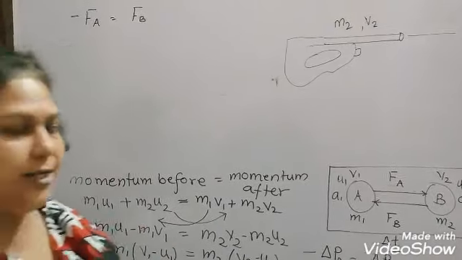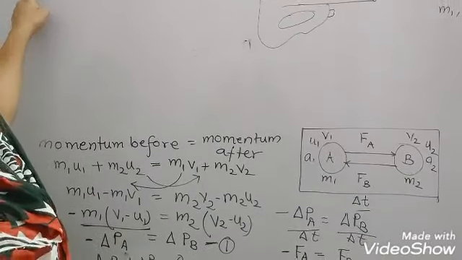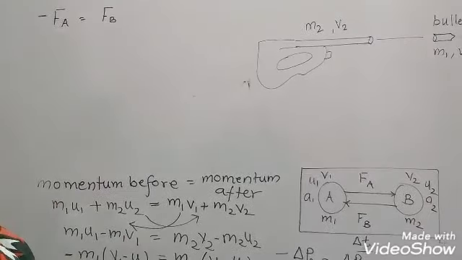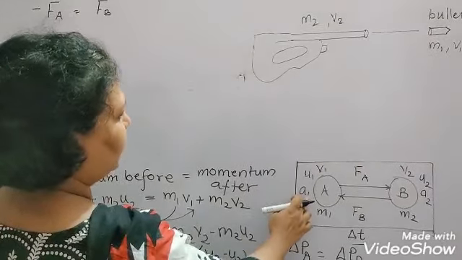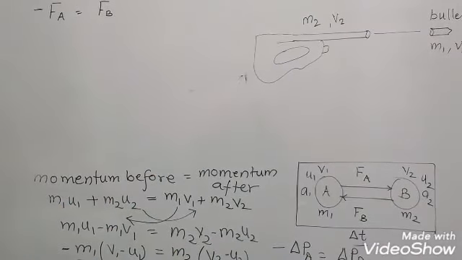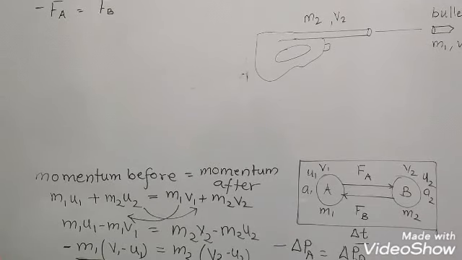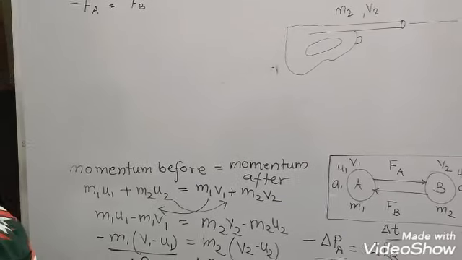We got the relation here, minus FA is equal to FB. And we know that the acceleration produced on the body A is A1, the acceleration produced on the body B is A2 here. Okay, and we know that from Newton's second law of motion, the force is equal to mass into acceleration.